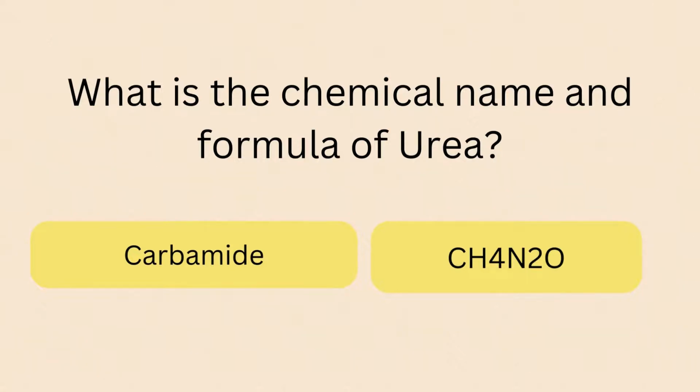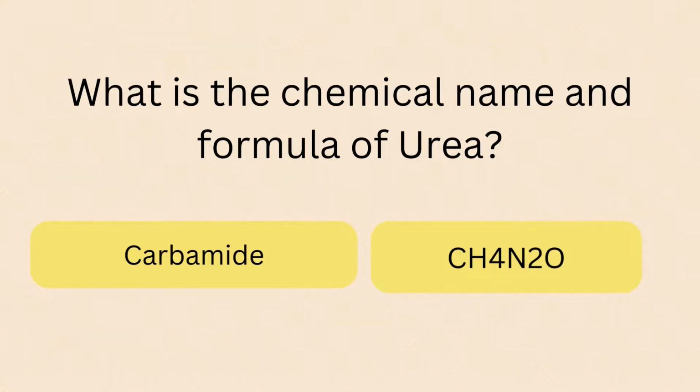Okay, it can be in 3 forms. So if CH4N2O is not in the options, then you need not worry. You can search for these patterns, that is NH2CONH2 or CO(NH2)2 or CH4N2O.